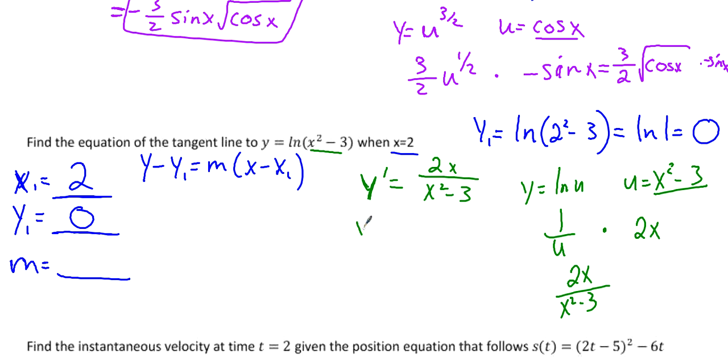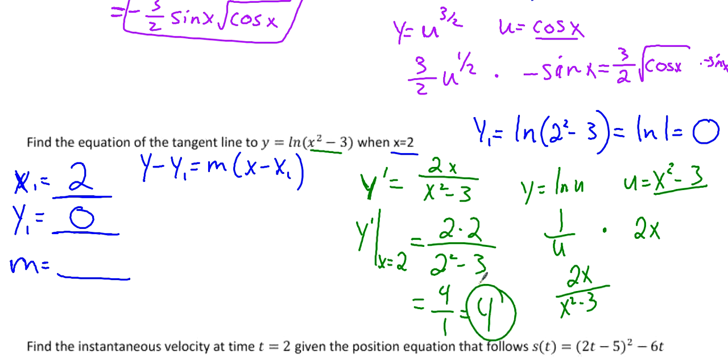Now we want y prime when x is equal to 2. So we plug in 2. So this is 2 times 2 over 2 squared minus 3, which is 4 over 1, which is 4. So that's my slope, 4. Now, I have my x1, I have my y1, I have my m, so plug it in.